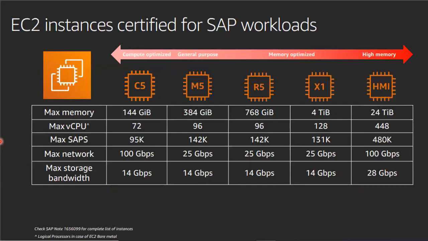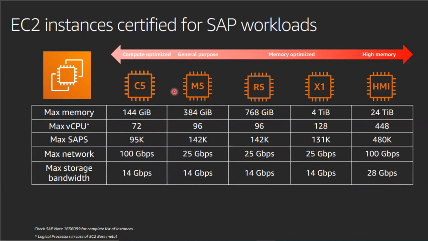All right, so we have EC2 instances certified for the SAP workload. As you can see, there are multiple instance types. You can make use of C5, M5, R5, X1, and the high memory instance, HMI. You can even run your SAP workload on bare metal machines.